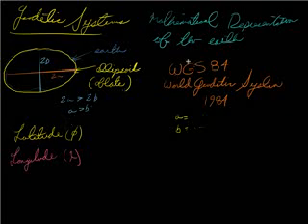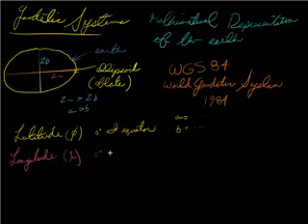Okay, so latitude is 0 at the equator, right? 0 degrees of latitude at the equator. And for longitude, they define the prime meridian, where it's 0, in Greenwich, England.